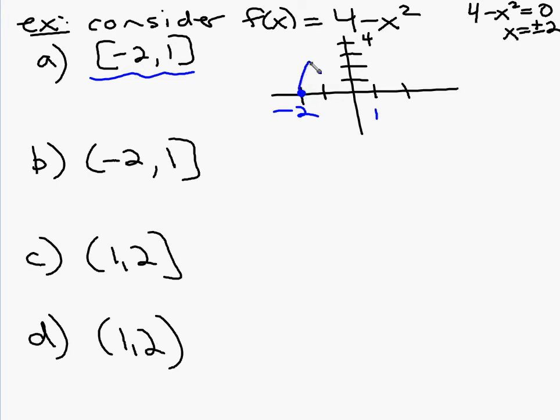Negative 2 to 1. That's the only part that I need to consider. And notice I colored in the circles because we have a closed interval. All right? So if I'm looking at that situation in Part A, is there a maximum and a minimum?